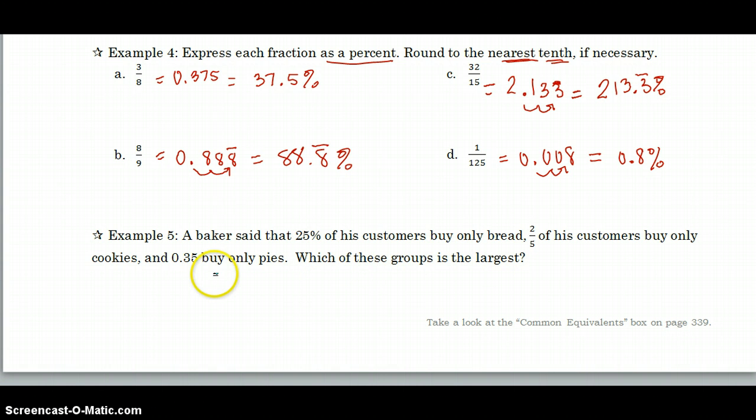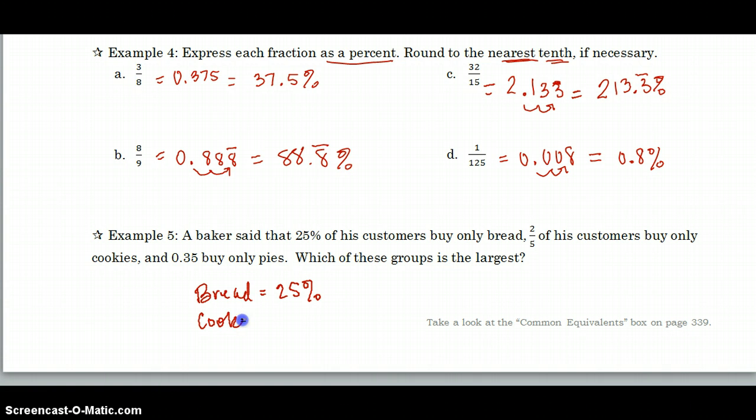Okay, well, we could turn them all into percents and make it easy to think about this. So bread, he said 25%. Let's turn them all into the same, either all into fractions, all into decimals, or all into percent. I think turning them into percent will be the easiest.